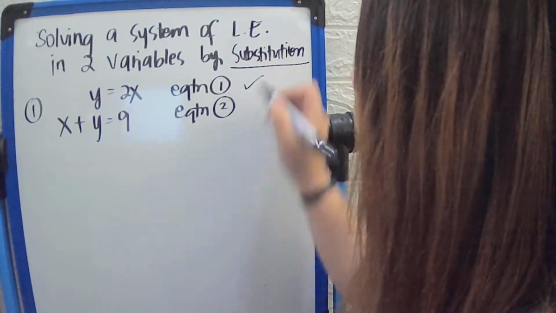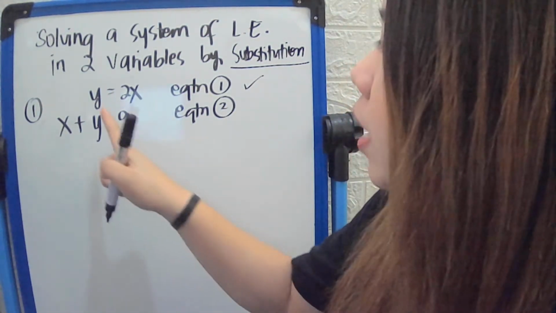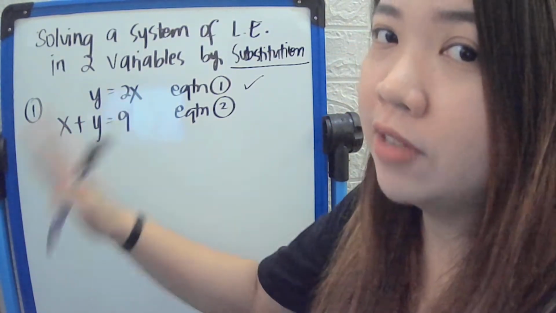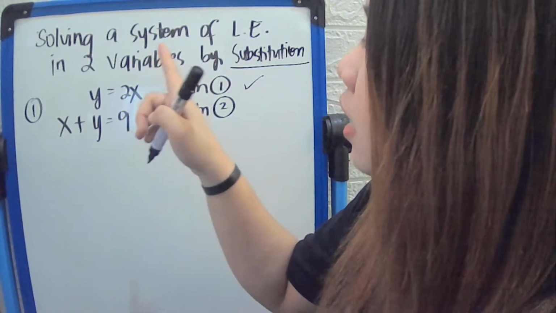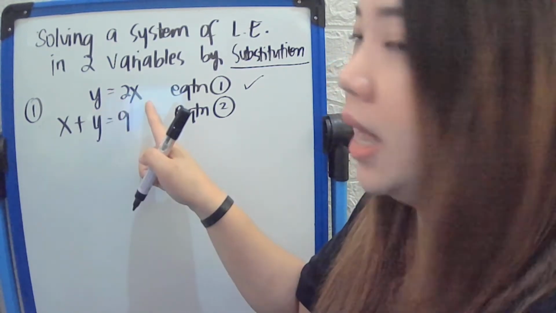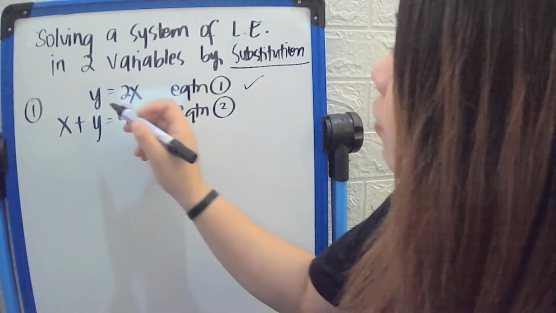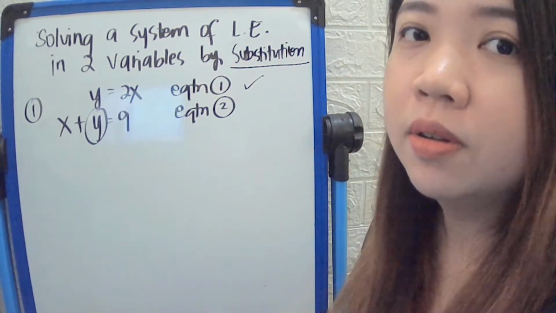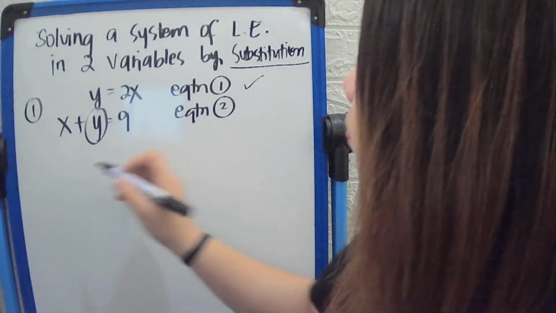Kung mapapansin nyo, yung equation 1, isa na lang yung variable sa left side, which is y. So, ibig sabihin yan, ang value ng y ay 2x. So, if your y is 2x, yun yung ipapalit natin dito sa equation number 2. Okay?